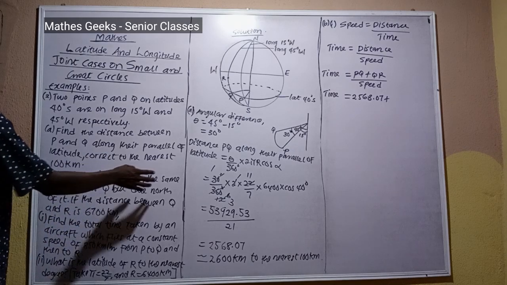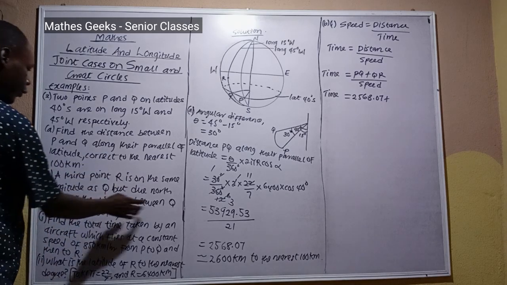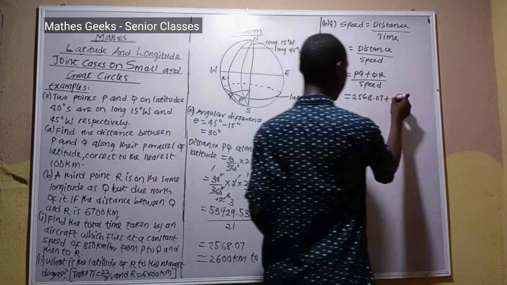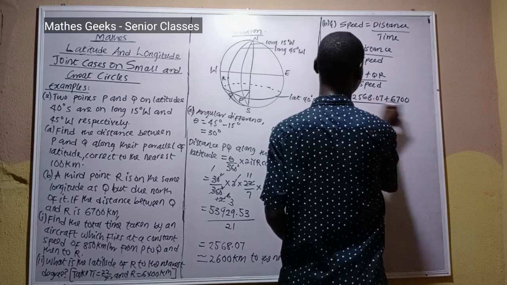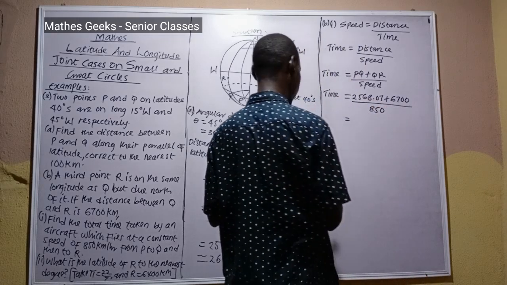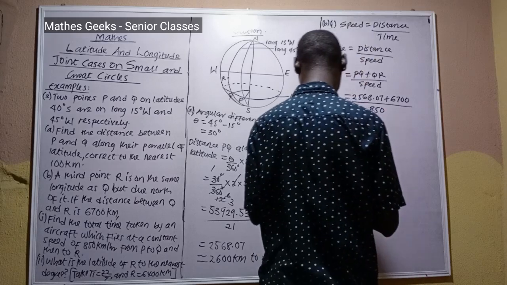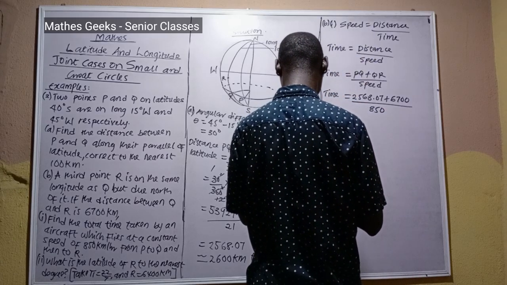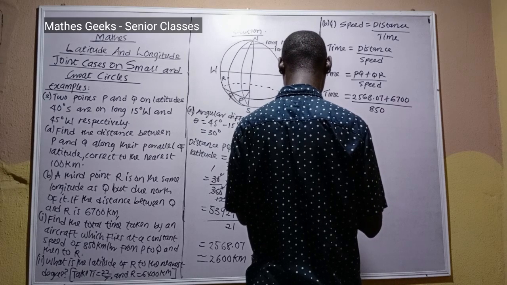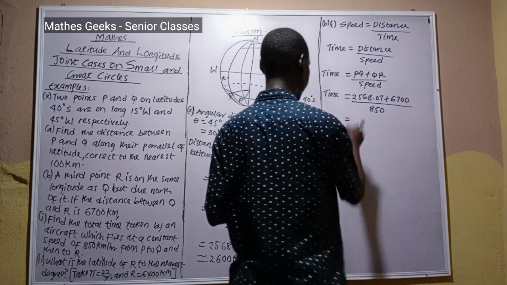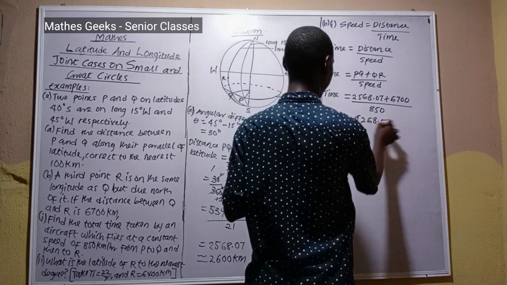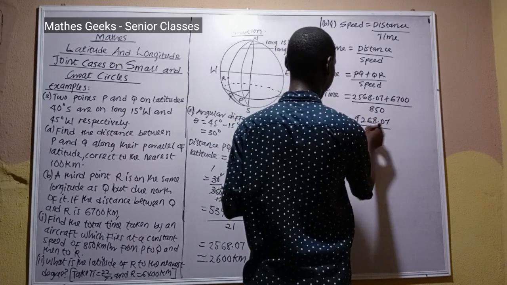The distance between Q and R is 6,700 kilometers, divided by the speed 850. So that would give us 2,568.77 plus 6,700, which is 9,268.77, divided by 850.